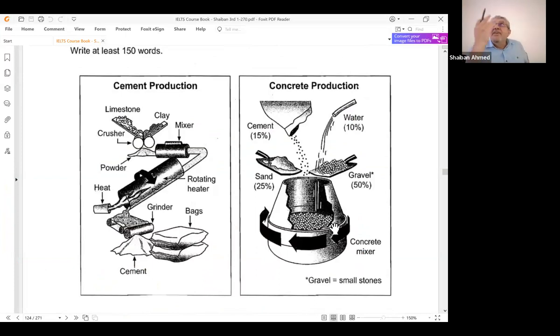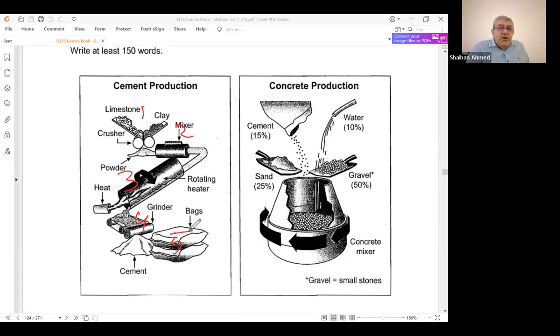Come on, guys, from first sight, you can see the difference. It's the cement and how to use it. So 1, 2, 3, 4, and 5.